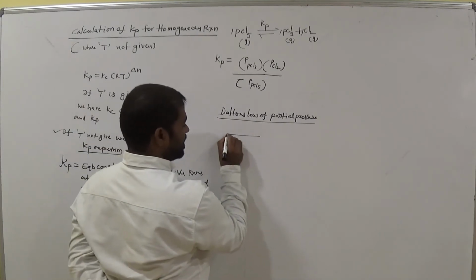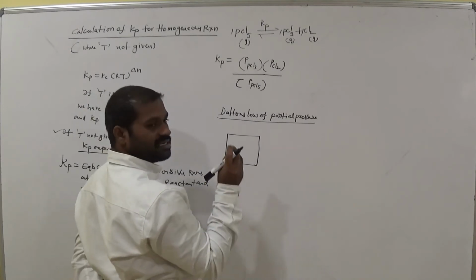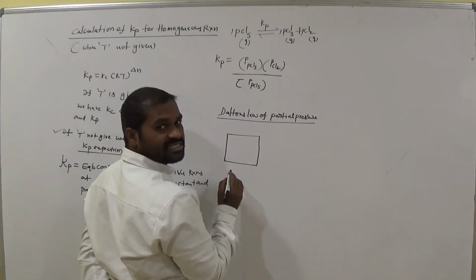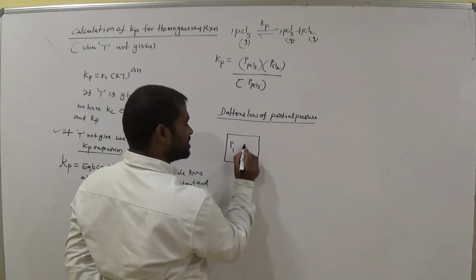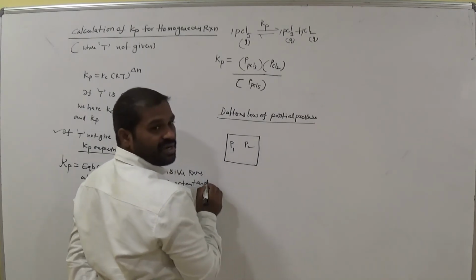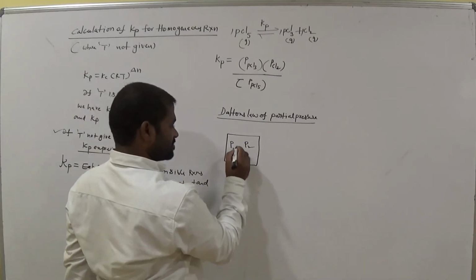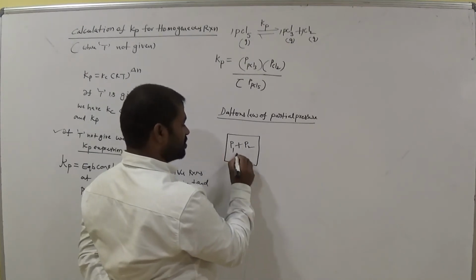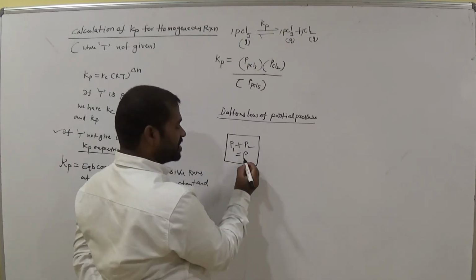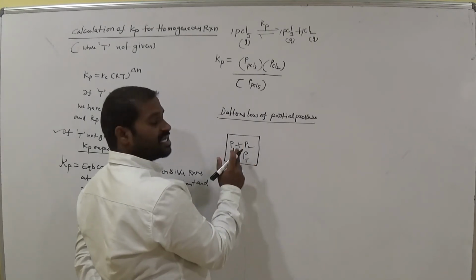Suppose this is the container, and this container holds two gases. For the first gas, the partial pressure is taken as P1, and for the second gas, the partial pressure is taken as P2. When these two are in a mixture, the total pressure of the mixture is P1 plus P2 equals P, where P is the total pressure. That is, the total pressure equals the sum of the individual partial pressures of the gases.